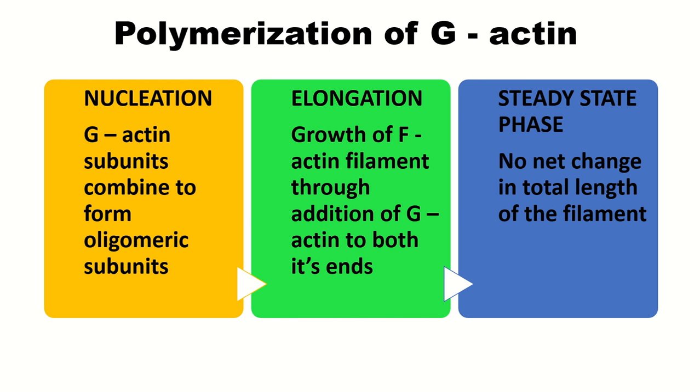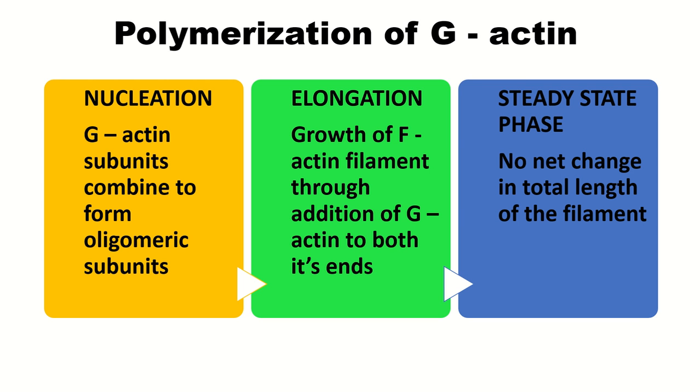F-actin grows faster at the positive end than the negative end. The rate of addition depends on free G-actin concentration. The rate of addition at the positive end is 12 per micromolar per second and 1.3 per micromolar per second at the negative end.